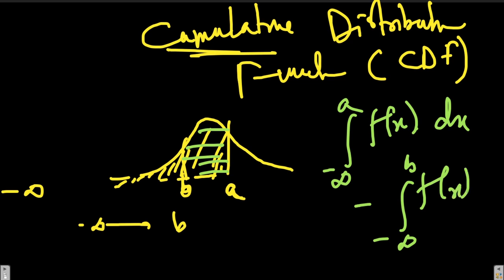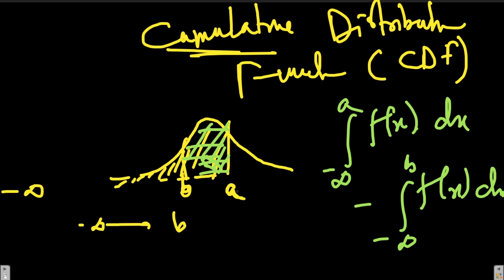So you take the same cumulative distribution function across two different ranges and subtract them to get the area under this curve, depending on what range you want.